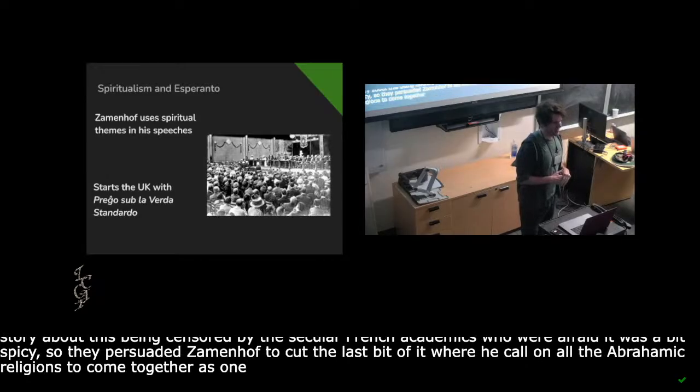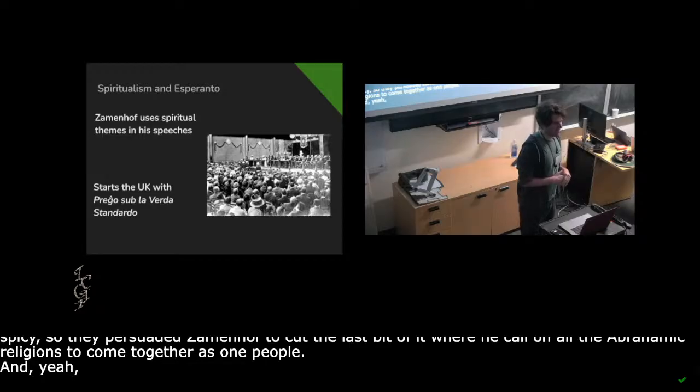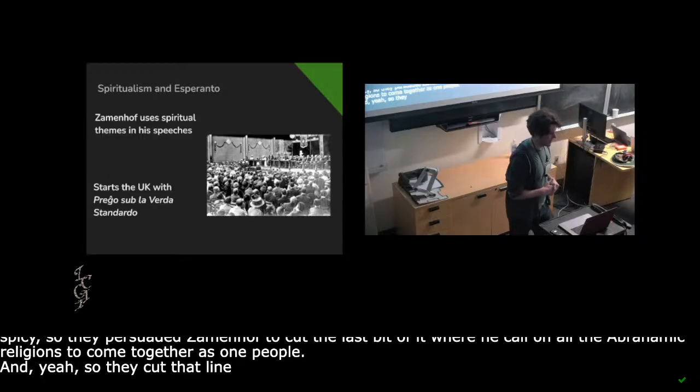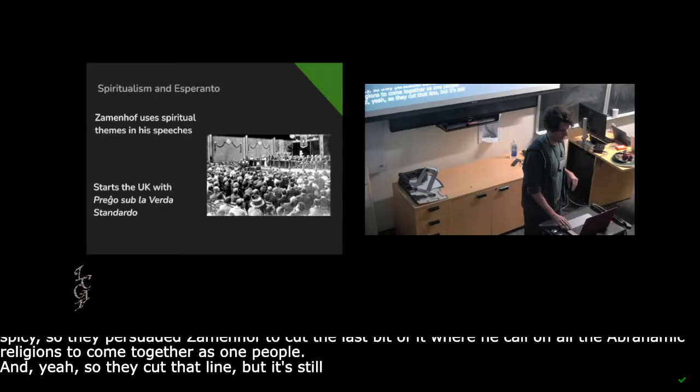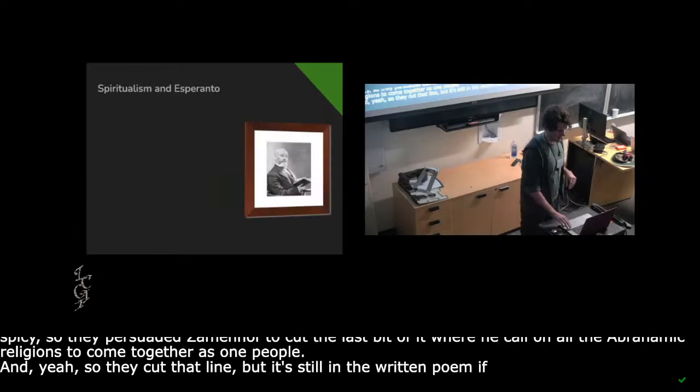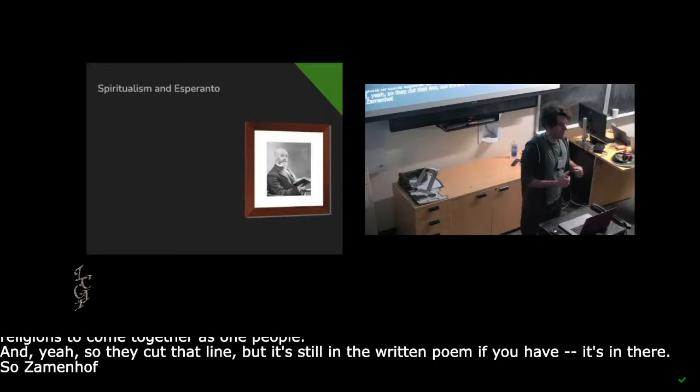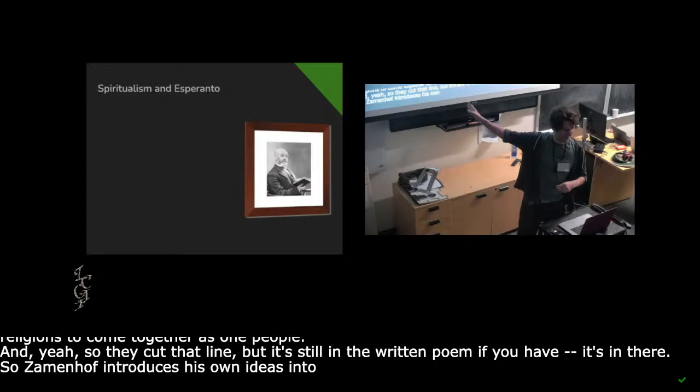They cut that line, but it's still in the written-down poem if you grab your literary Krestomatio. It's in there. Zamenhof introduced his own spiritual ideas into the movement, and there's a whole lot about Zamenhof's religious ideas, which are a whole other topic.